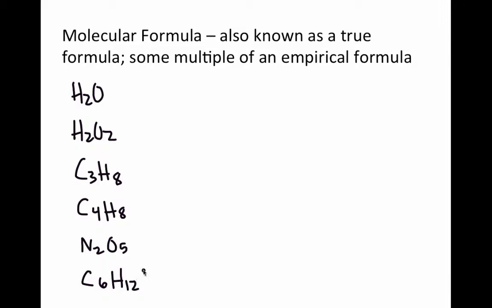So we have 6 molecules written there. I want you to take a look at that list and see if you can figure out which one of those molecules or which ones of those molecules are empirical formulas. What you would look for are formulas that you can't reduce. They're already in the lowest whole number ratio. I'll give you a minute to look over that list.